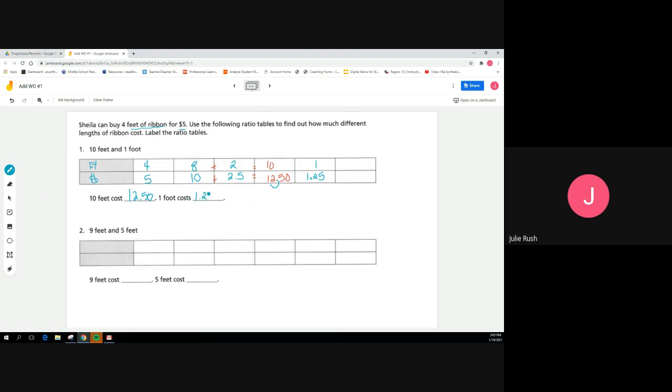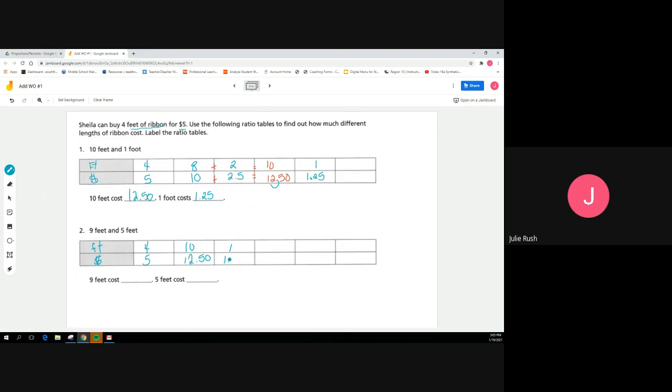Now we want to get to 5 and 9 feet. So feet is still going to be up on top. Money is still going to be on the bottom. I always put my given ratio in, even if I'm not using it. But I'm going to put my ratio of 1 in here. So I know that if I have 10 and $12.50, I can subtract 1 to get to 9.